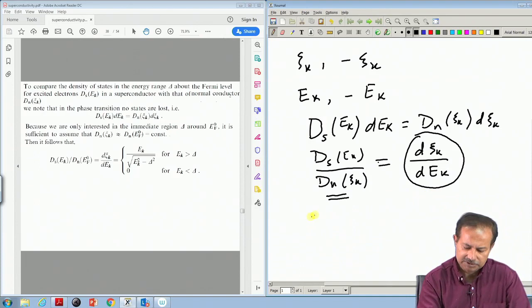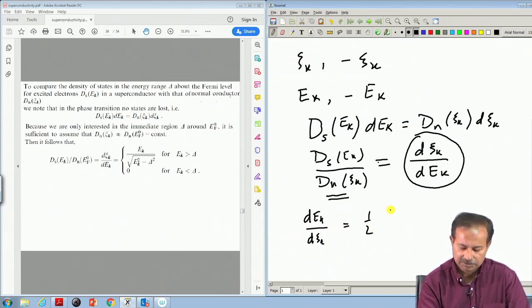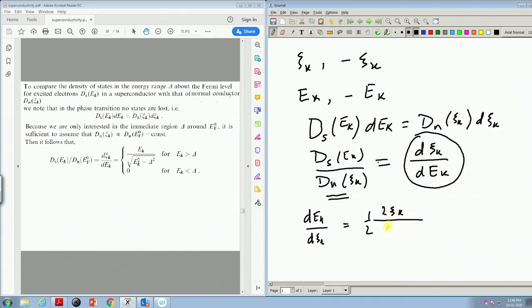Let us find out what it is. d E k by d epsilon k is half, times twice epsilon k, by root over epsilon k square plus delta square, because E k is root over epsilon k square plus delta square.